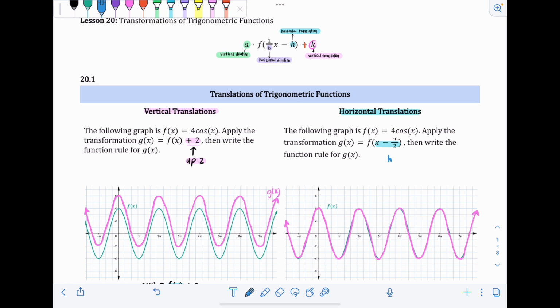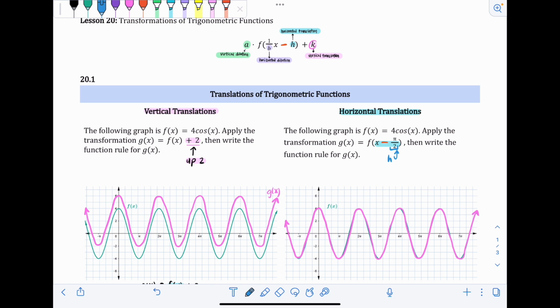And this is the spot where the most mistakes get made, because this minus inside here is just a part of the formula, which means that h is just going to be regular pi over 2. Not negative, positive pi over 2, not negative pi over 2.